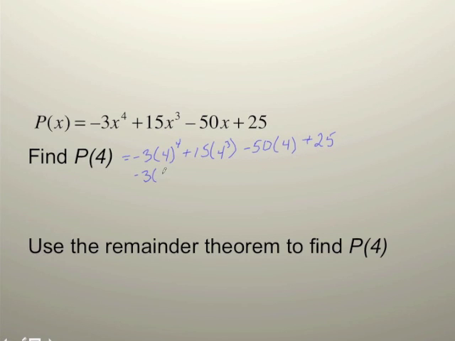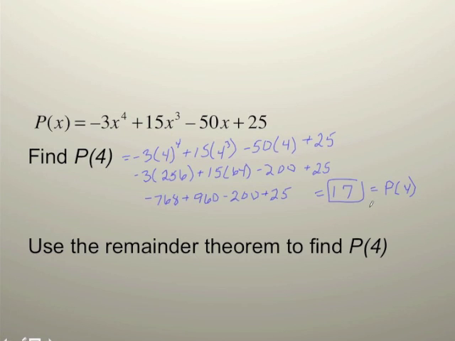So negative 3 times 256 plus 15 times 64 minus 200 plus 25, or negative 768 plus 960 minus 200 plus 25. You'll find out that that equals 17. So that's my p of 4.